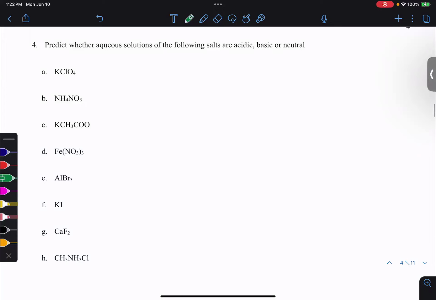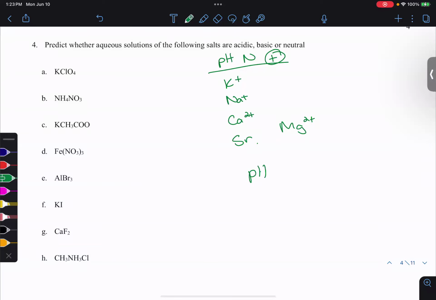But if it comes from something strong, then it's pH neutral. So common pH neutral cations are group 1 and 2 metals. Common pH neutral anions are anything that comes from strong acids except sulfate. So I guess I can just write them down. pH neutral cations include potassium, sodium, calcium, strontium, magnesium, all of those things, groups like 1A and 2A. pH neutral anions come from any strong acid.